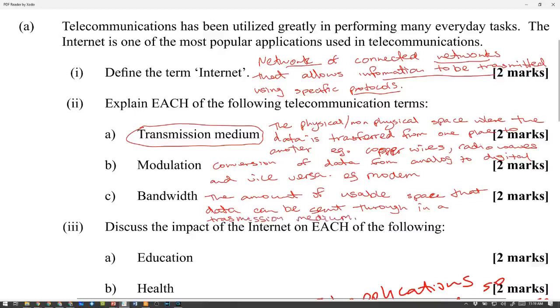I kind of butchered that answer, but the point is the amount of usable space that you could transmit in a particular medium. So like copper's bandwidth is smaller than fiber optic's bandwidth because the amount of data that you could push through copper is way less than fiber optic because of the restrictions of the medium itself.